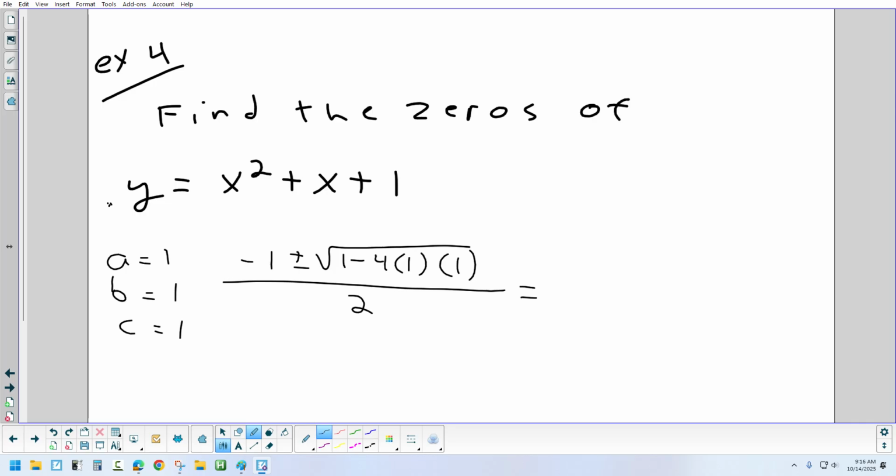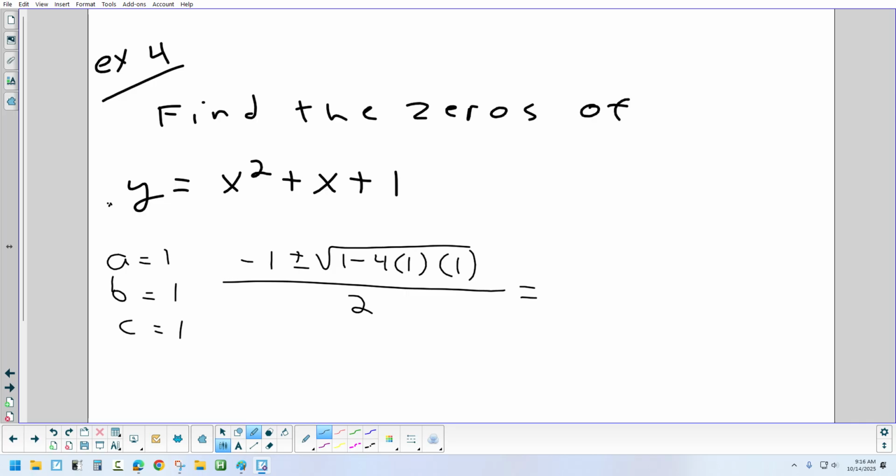Okay. When I simplify my radicand, what do I get for a number? Yeah, I get -3 under that root.